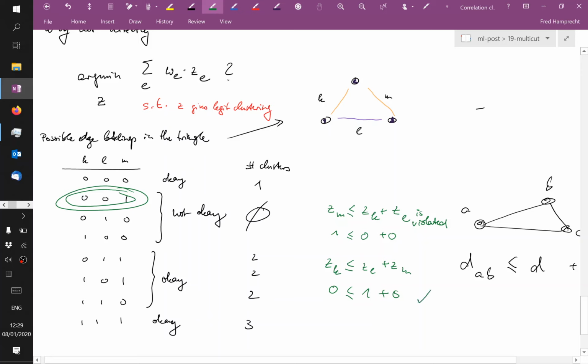Yeah, so in other words, out of the 3 possible triangle inequalities that I can write, 1 will be violated for this illegal configuration.